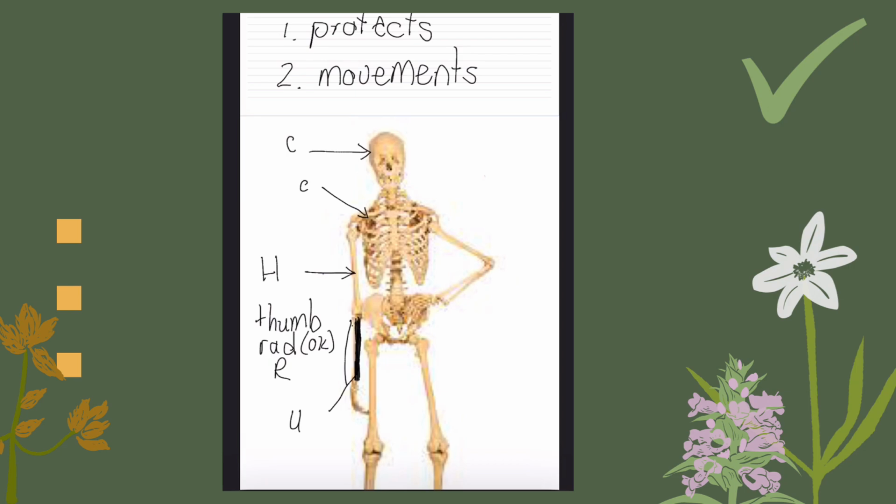On top we have our cranium, then our clavicle, then our humerus, then the radial bone and then the ulnar bone. The main thing is to look for the thumb, which shows us which one is our radial bone.